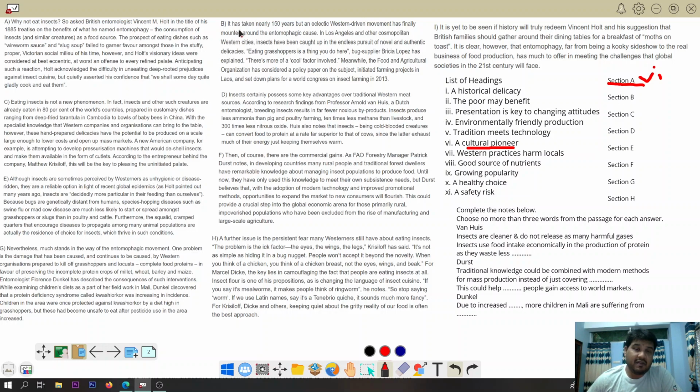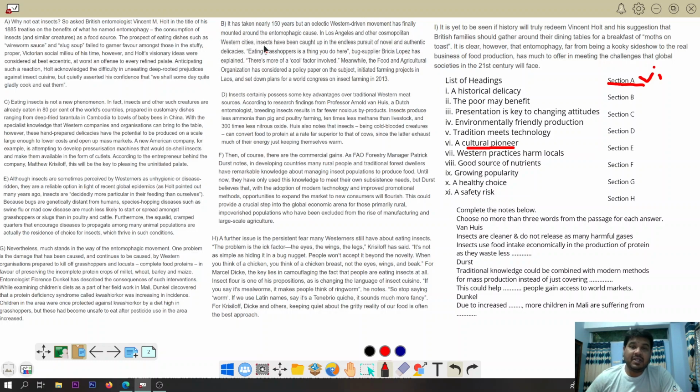Now, in this paragraph, it says, it has taken nearly 150 years, but an eclectic Western-driven movement has finally mounted around the entomophagic cause. In Los Angeles and other cosmopolitan Western cities, insects have been caught up in the endless pursuit of novel and authentic delicacies.